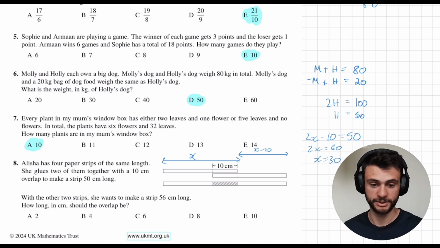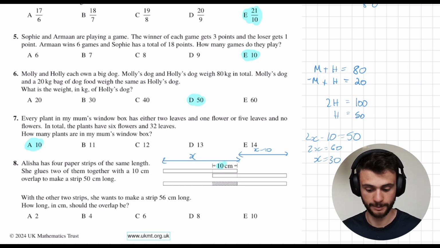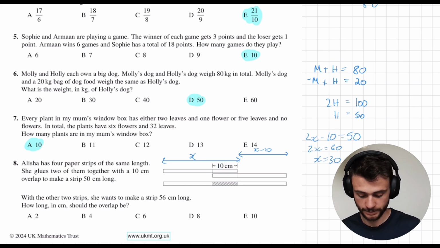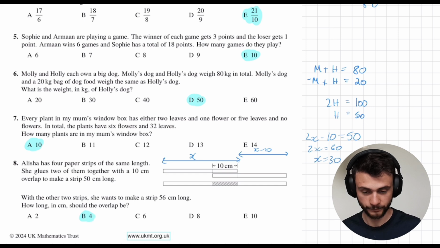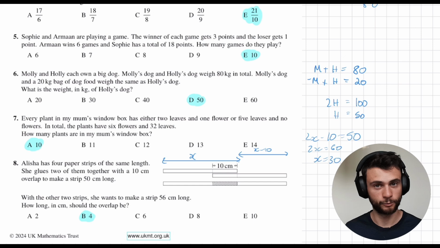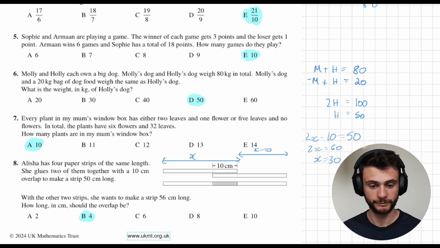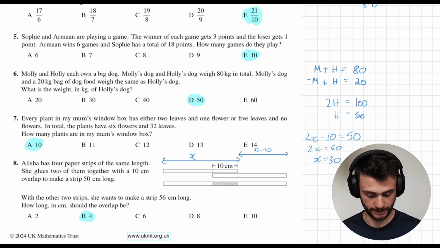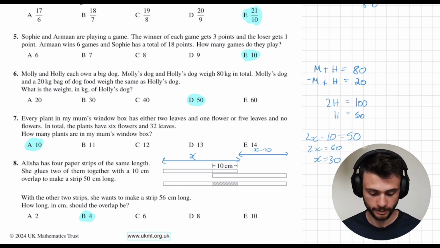So that one strip is still the same length, one has been reduced by the center part's overlap. So it's going to be 4. We want to reduce the overall length by 4 centimeters, but we just subtract that off one of the strips. And you think about the other strip kind of stays the same length as we've done in this example here. Okay.